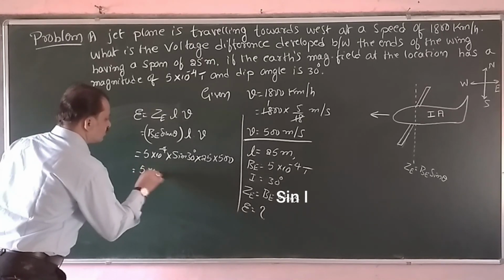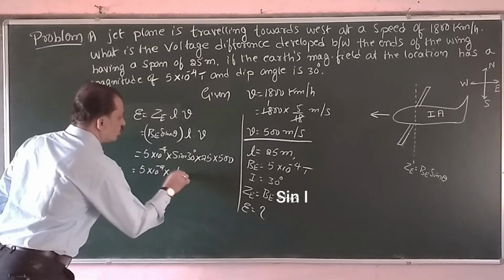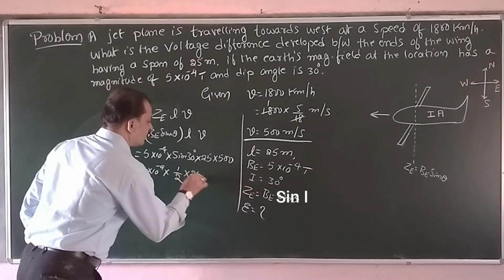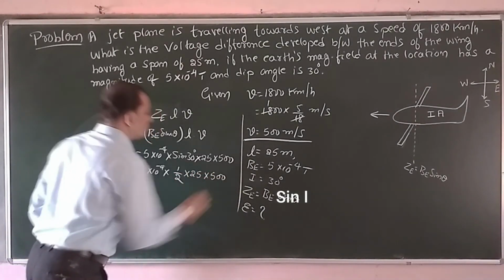We know the value of sin 30 is half, into 25 into 500.